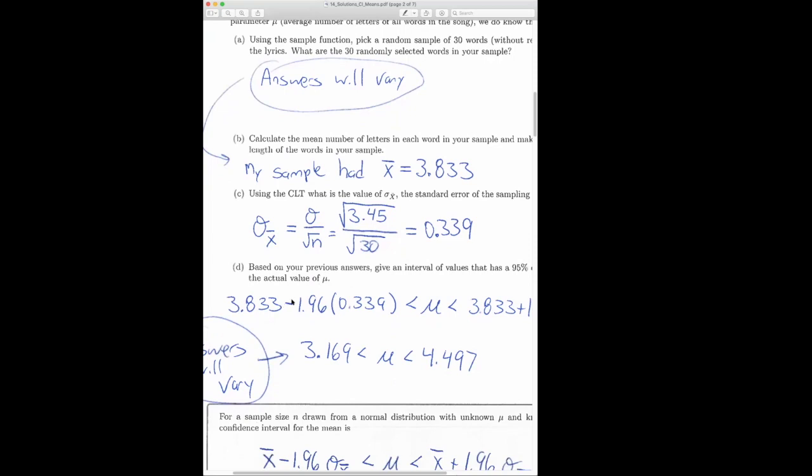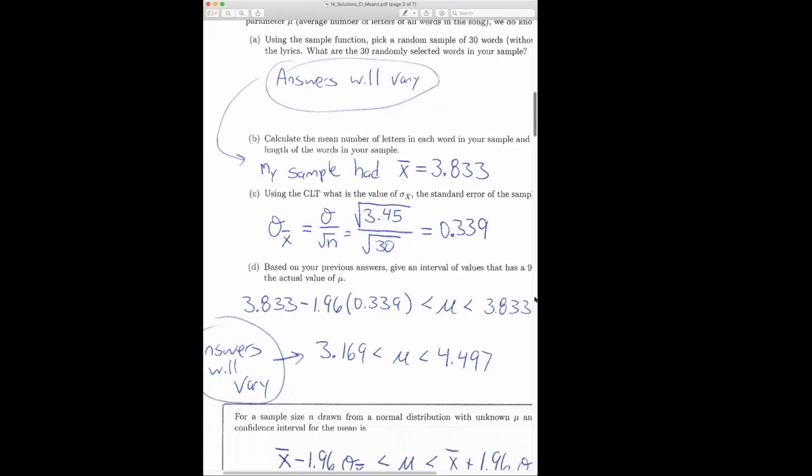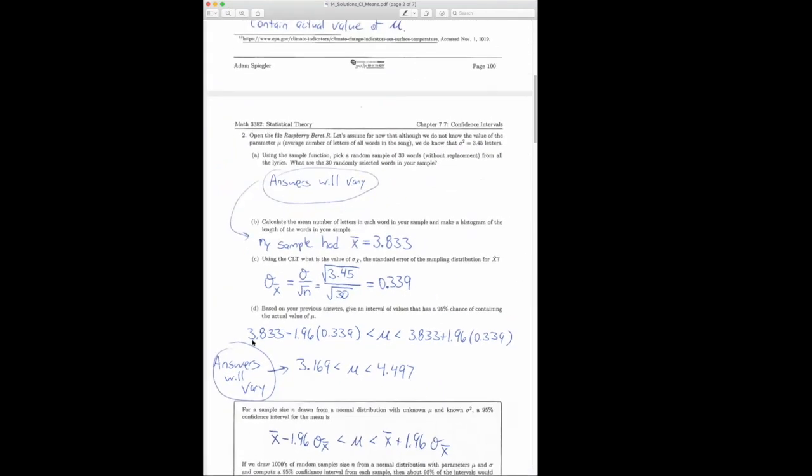So I took the sample mean, went about 2 standard errors below it to get the lower cutoff, and then about 2 standard errors above to get my upper cutoff. For me, that gave an interval from about 3.2 up to about 4.5 letters.